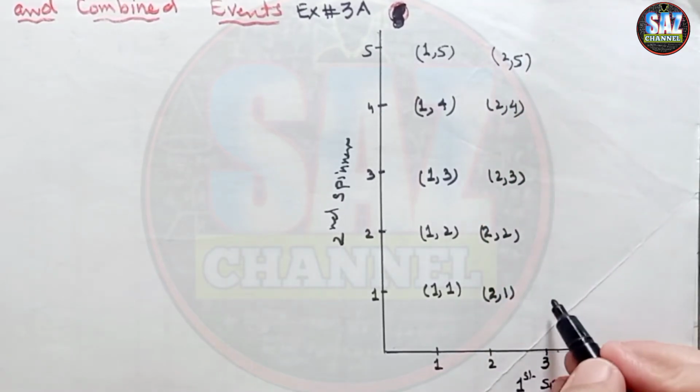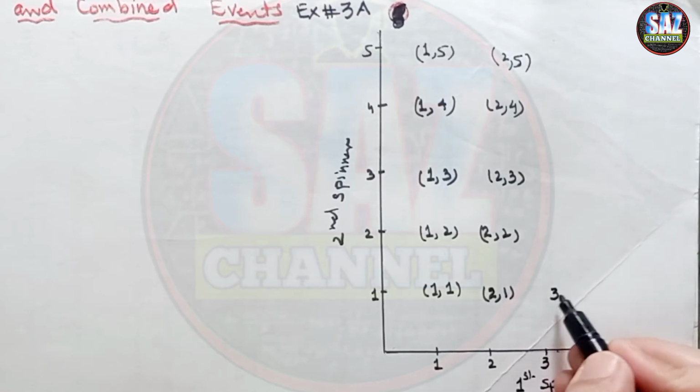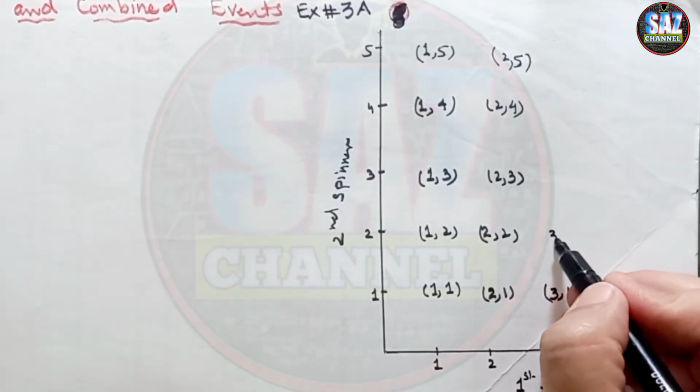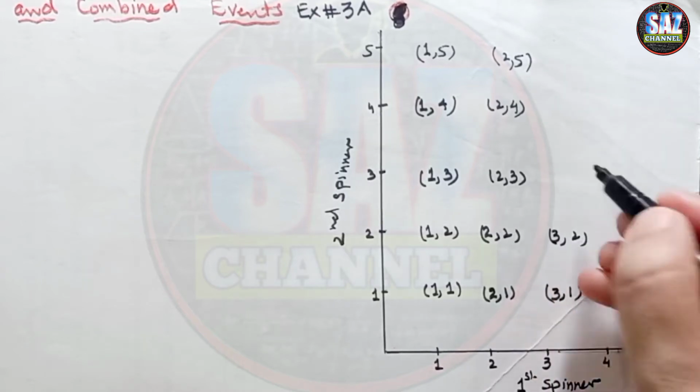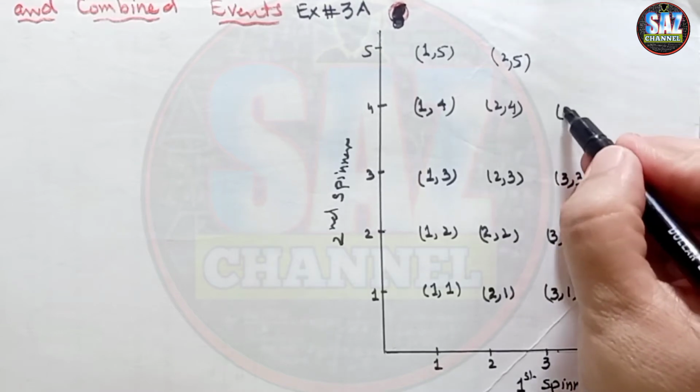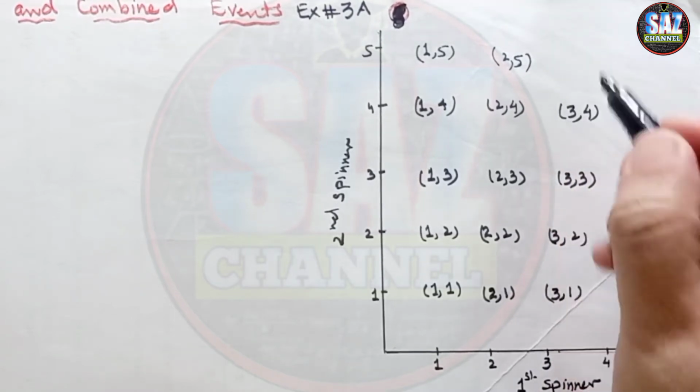Then 3 with 1, 3 with 2, 3 with 3, 3 with 4, and 3 with 5.